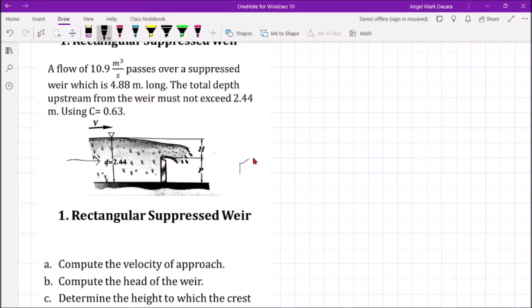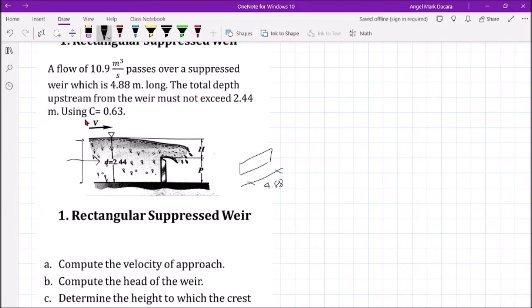So, ibig sabihin, kung yung front view natin siya, ang length is 4.88. Okay. So, the total depth of upstream from the weir must not exceed 2.44 meters. Ang sabi, etong lalim na to from the channel bed ay should not be greater than 2.44. So, may limit dyan. Okay?